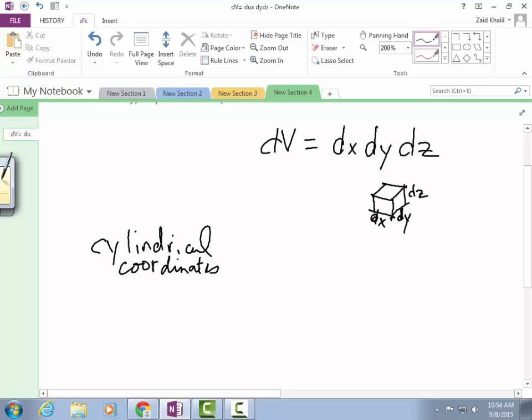For cylindrical coordinates, what do we have? We're going to form the same areal element as before. So you have your origin.